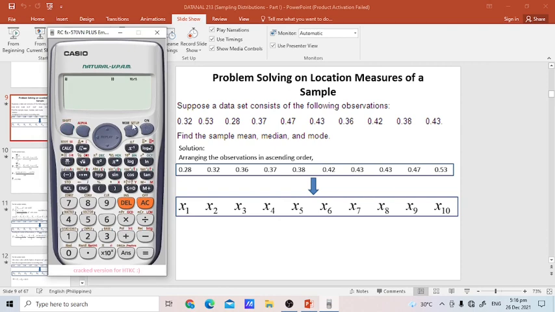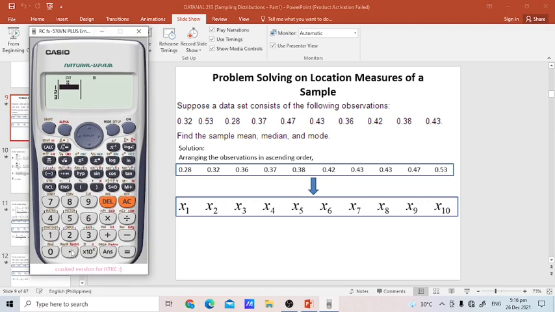Shift mode, shift setup, mode, the other one, mode 3, mode 3 for statistics. Then let's press AC. Then shift 1, then enter the data.